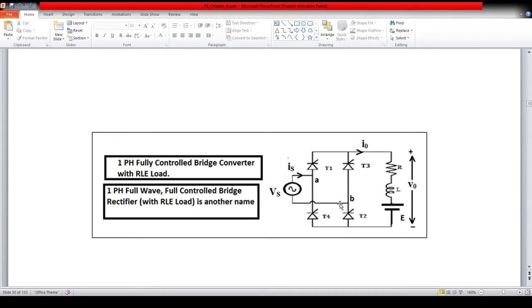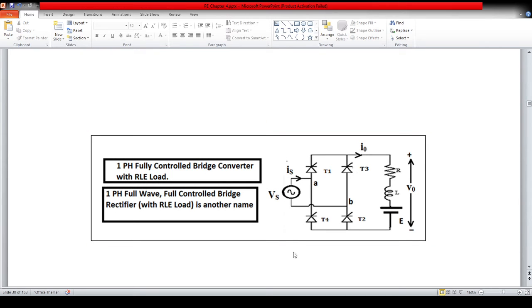Now, when we fire T3, this positive will appear at cathode of T1 and this will be negative during negative half cycle. So this will get connected to anode of T1.